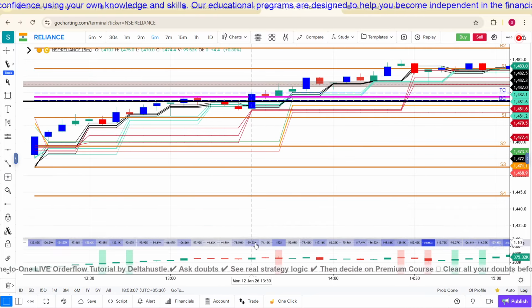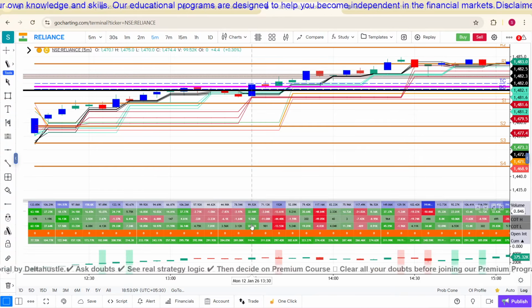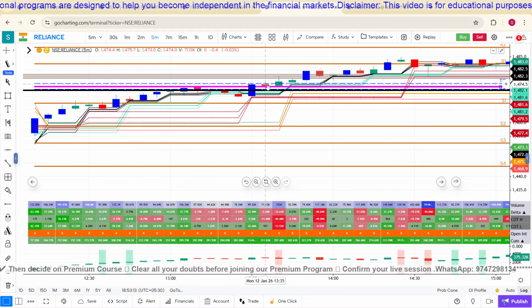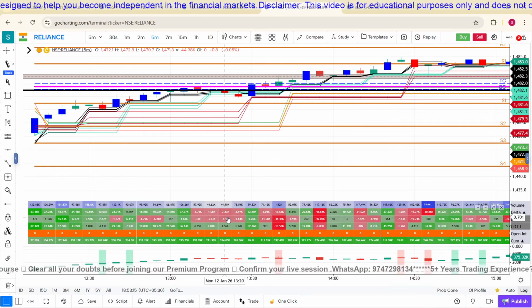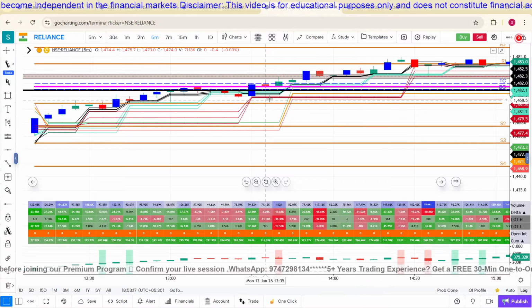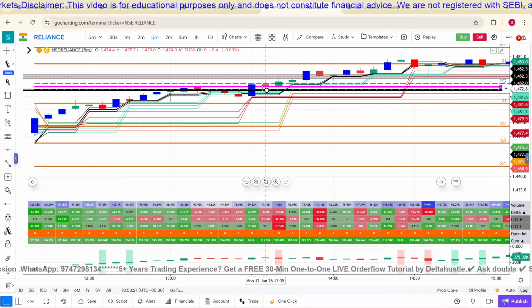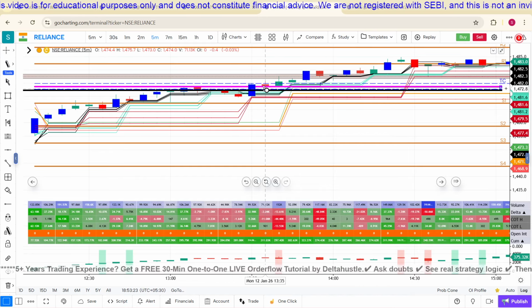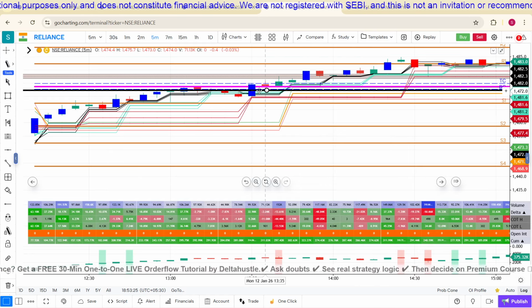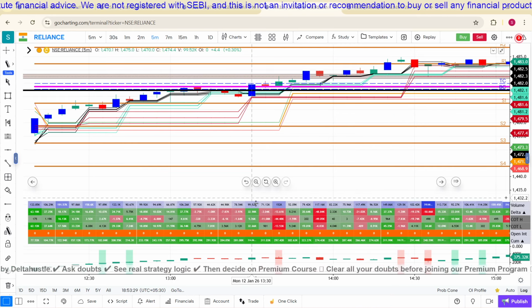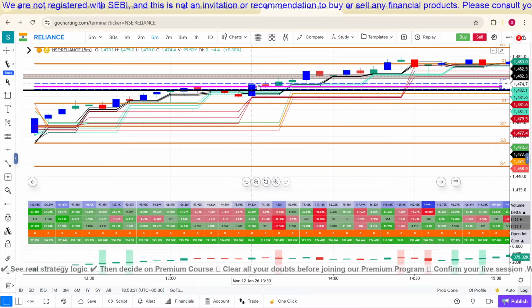And it has a good order flow confirmation here in this breakout. So we can take right away from here if we have order flow. But this 30 minutes CPR is overlapping here and trading above it, so we cannot take it as per CPR breakout. But before that, we can take a pivot breakout with the order flow confirmation.